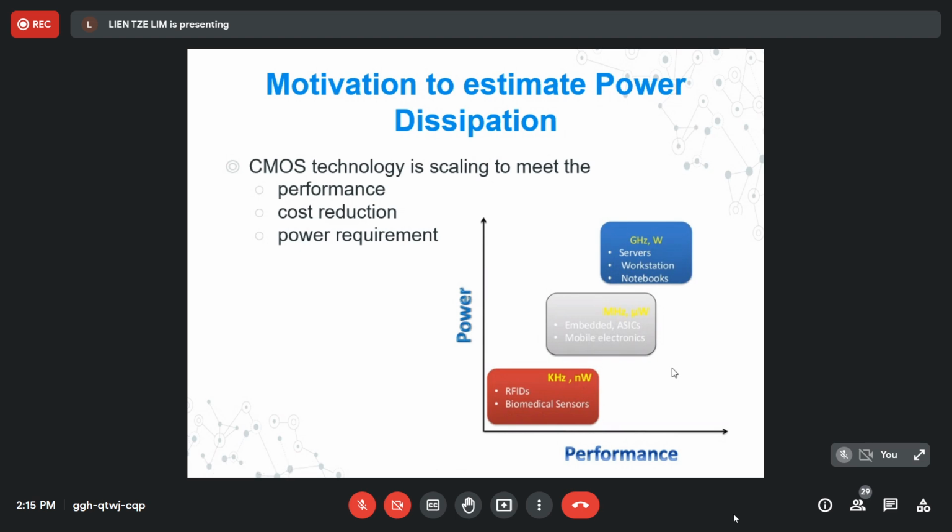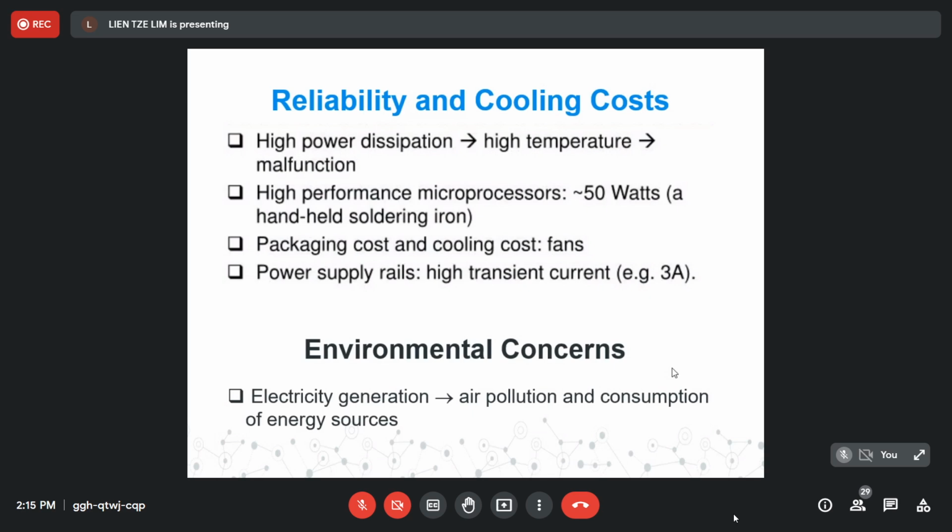Okay, reliability and cooling costs. High power dissipation will cause high temperature, meaning high temperature within the device. And when there is a high temperature, it will bring malfunctions of the device. High performance microprocessors will require about 50 watts.